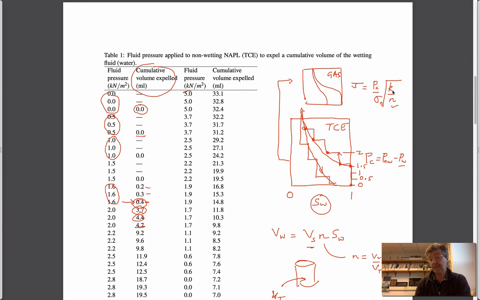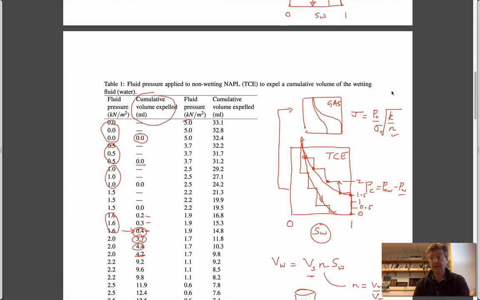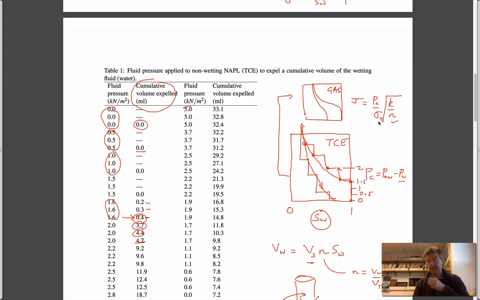You know the porosity. You may or may not know the permeability. I think you don't know the permeability. You don't need the permeability. But you need to know that the permeabilities of both cores, they're the same core, has to be the same. You know the differences in the different interfacial tensions for gas and water and TCE. And so you know these values.